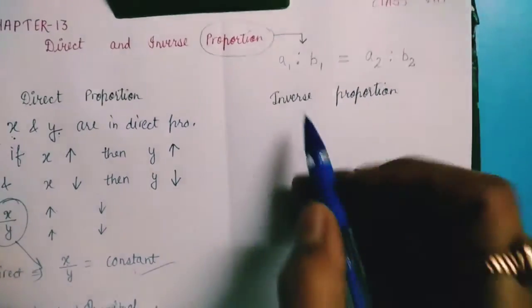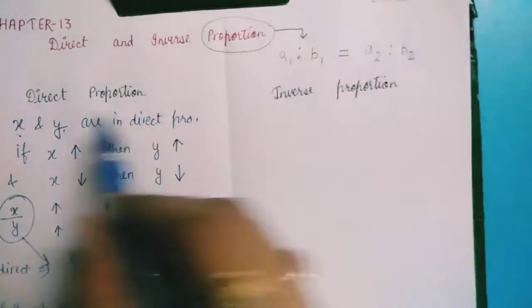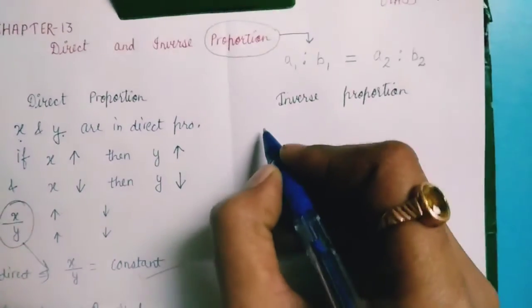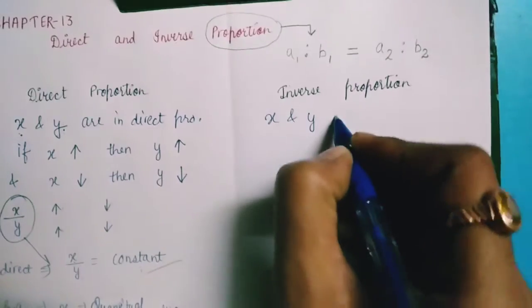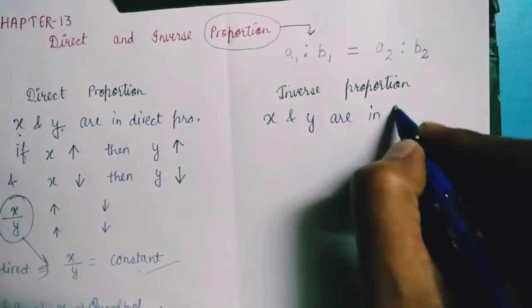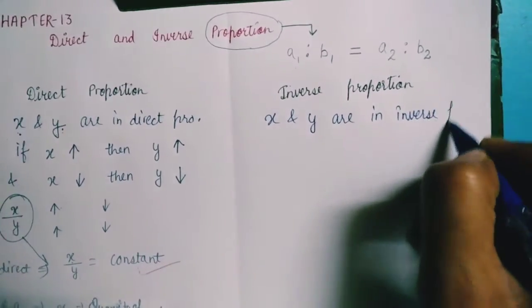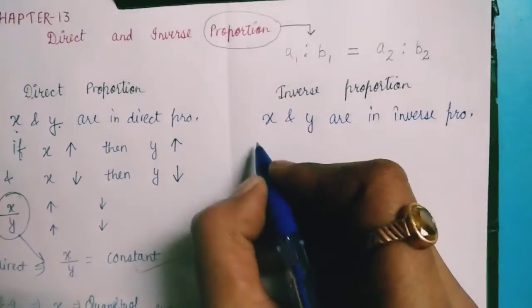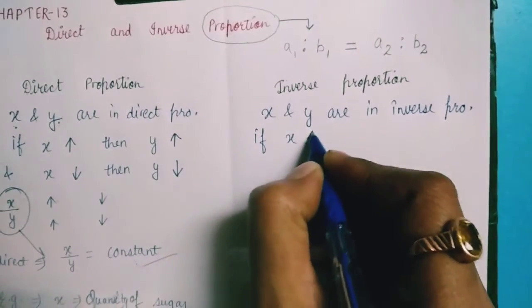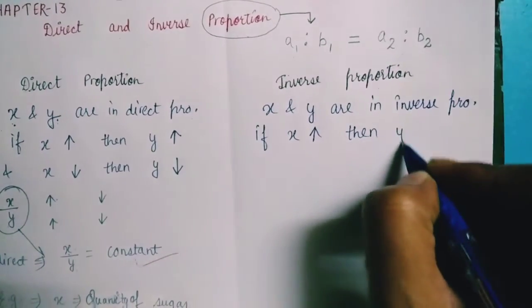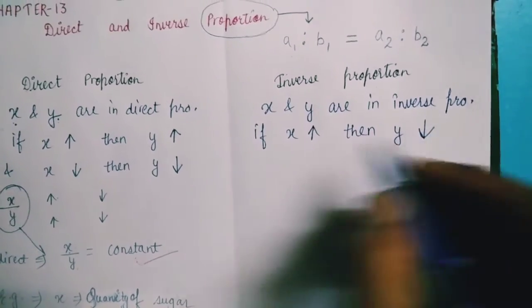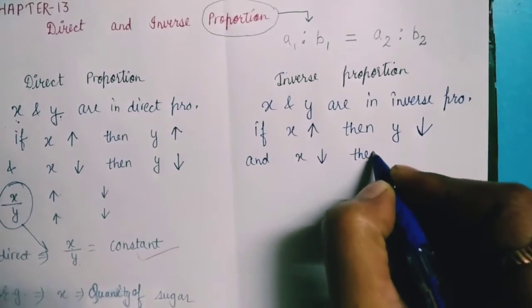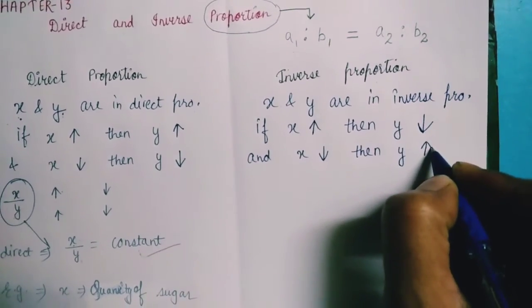Now the second topic is inverse proportion. Just the opposite of direct proportion is inverse proportion. If x and y are in inverse proportion: if x increases, then y will decrease, and if x decreases, then y will increase.